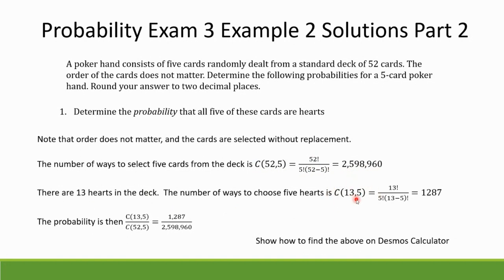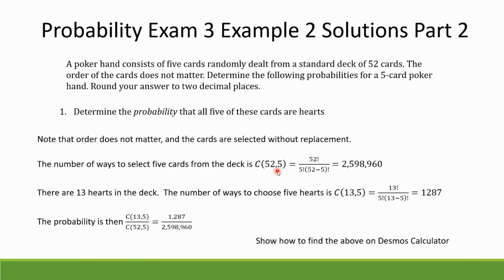You have C of 13, that's how many hearts there are in the deck. You only want 5, and that's what we get here. And this is probability. You have to divide the number of outcomes that we care about, which in this case is the number of ways we can get 5 cards that are all hearts, divided by the total number of possible outcomes. So this is what we get here.